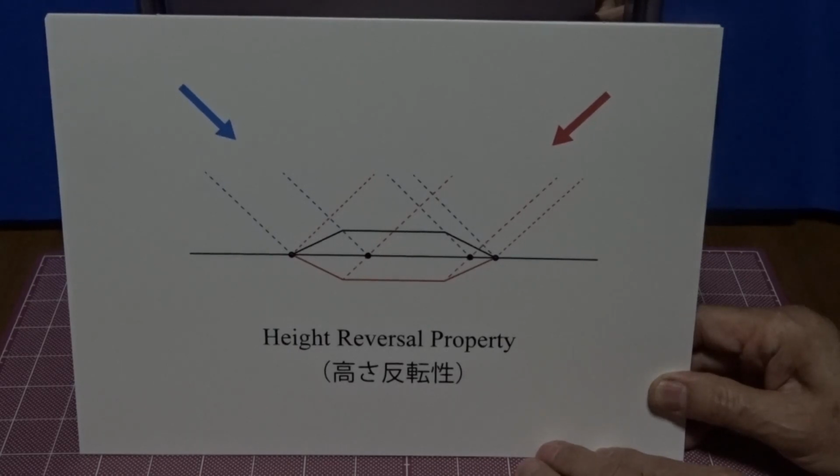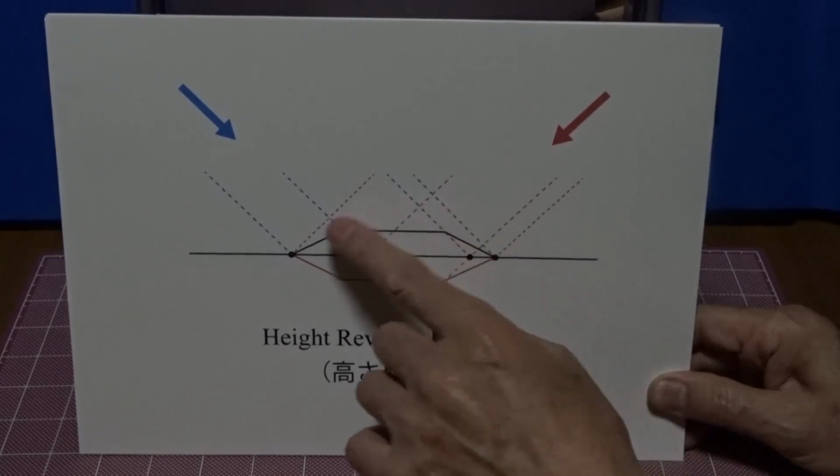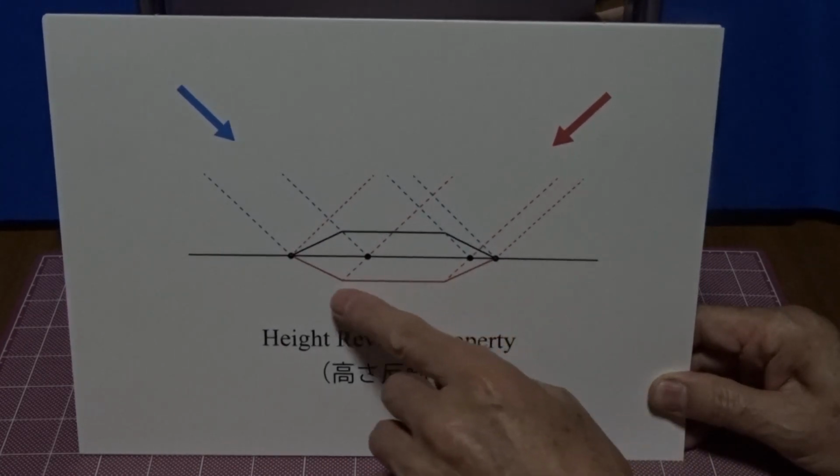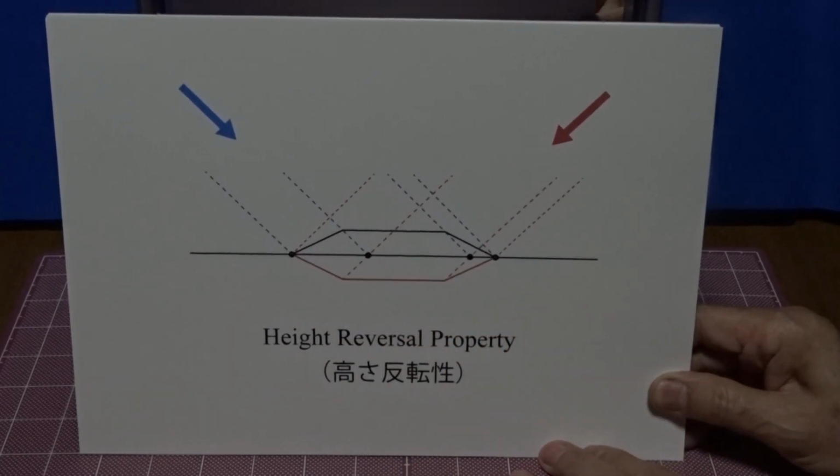Then we perceive another surface which is height reversed from the original surface.